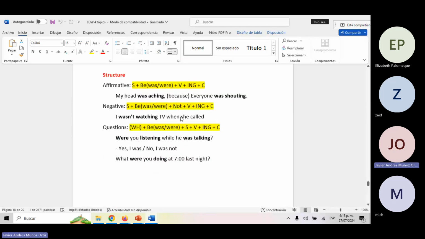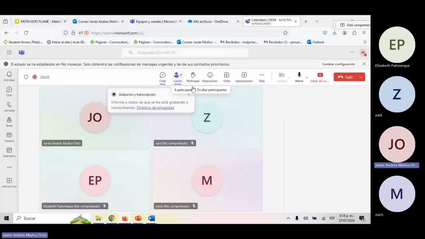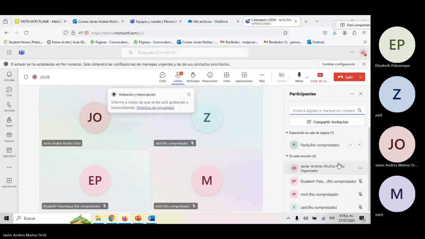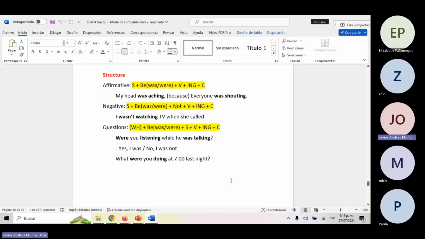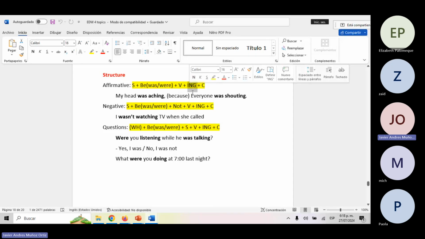With past continuous tense, somebody wanted to join, but oh yes, here it is. Let's remember that with past continuous tense, the main verb must be an action verb, so work, enjoy, travel, jump, and so on, and we need to add the ing ending to this verb.